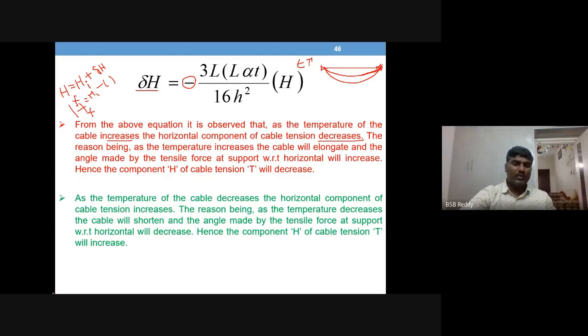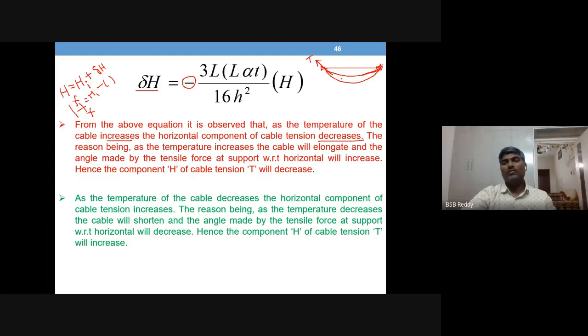Okay, so what is the tensile force direction when temperature is not increased? You draw the tangent for this cable at this point. We will draw a tangent for this. So this is the T direction, right?